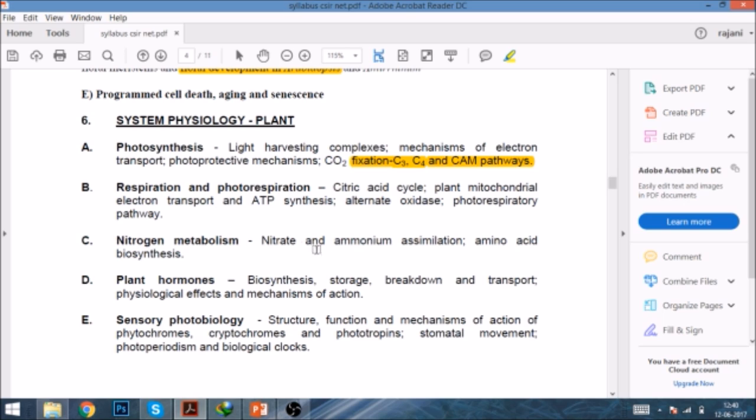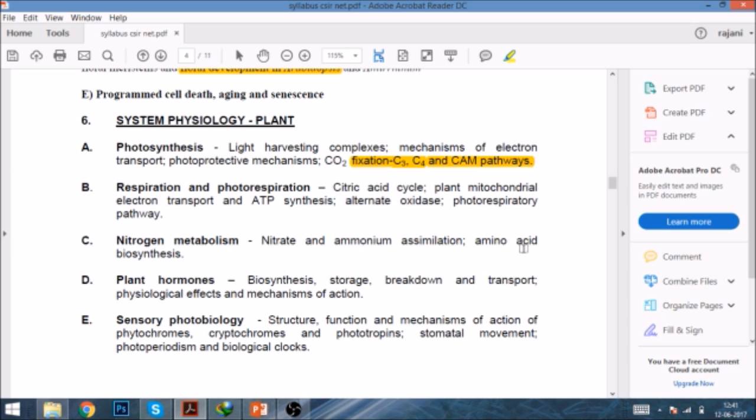In nitrogen metabolism, remember the bacteria involved during nitrate or ammonium assimilation, and also once go through the chart. I will prefer this book for plant physiology. There are certain charts and cycles in that book. Remember all those things. Once have a glance over this, because options are there.